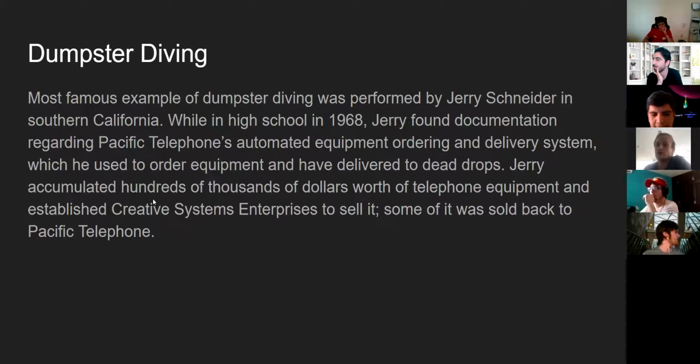So he ended up getting lots of equipment, but it wasn't stealing because the company had it delivered to him. They found out when he was selling the same equipment, and he actually sold it to the company. That's the biggest dumpster diving case there has been.